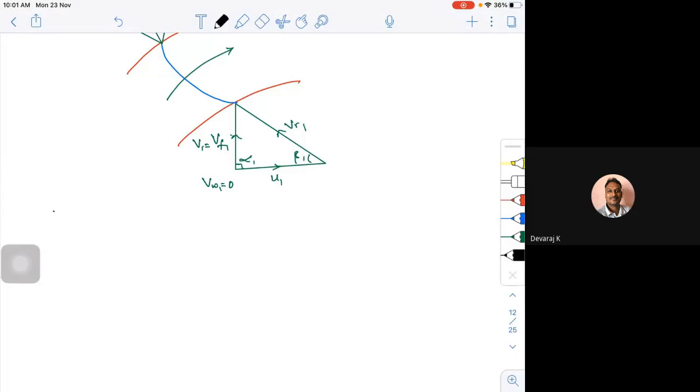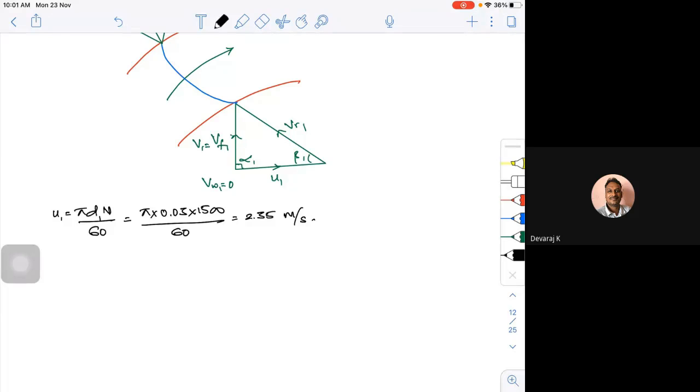So u1 is equal to, the formula is pi d1 n by 60. If I substitute, it is pi into 0.03 into 1500 divided by 60. If I enter everything in my calculator, I am getting around 2.35 meters per second.